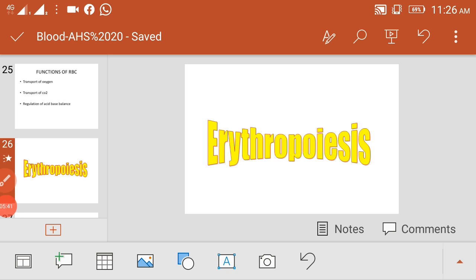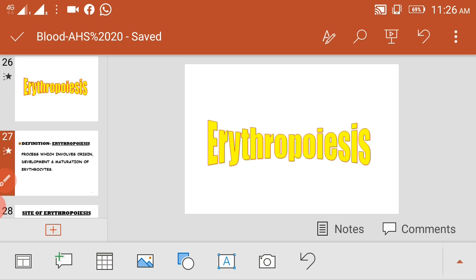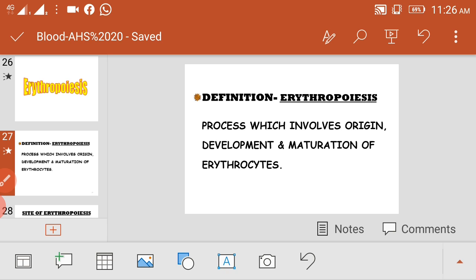Okay, next is erythropoiesis. Erythropoiesis is a process which involves origin, development and maturation of erythrocytes. That means how the erythrocytes are generating, where they are forming.